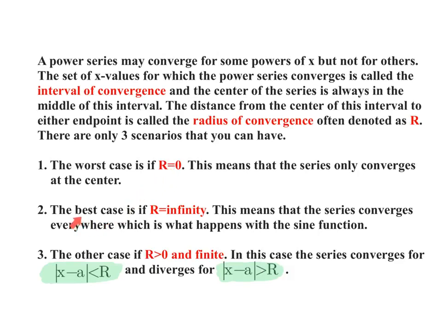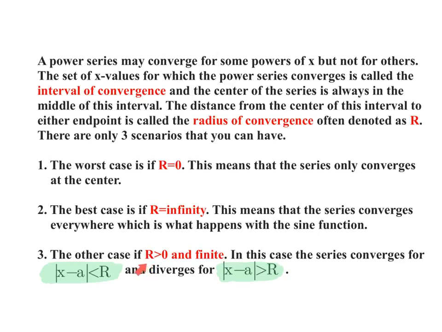All right. The best case scenario is if your radius of convergence equals infinity. This means that the series converges everywhere, which is what happens with your sine function. It converges everywhere. Same with e to the x and cosine of x. These are ones we've looked at already.